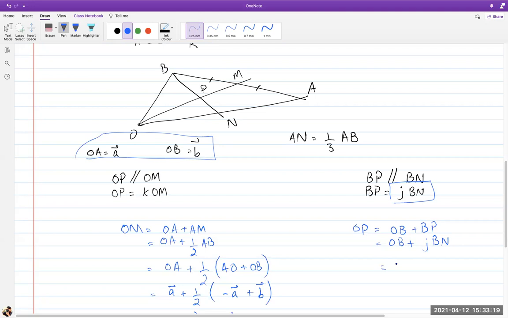And what is J times BN? If you want to go from B to N, hold on. B से मुझे अगर N पे जाना है, तो what can I do?